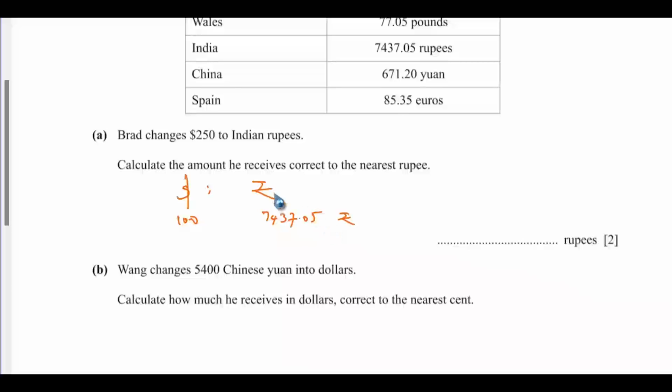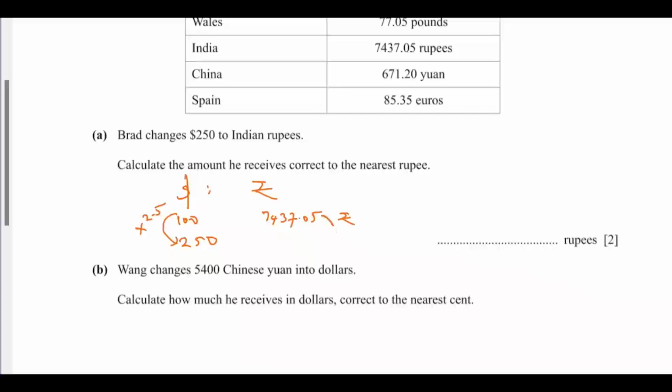So what would be $250 in Indian rupees? To know what is multiplied by 100 to get 250, we divide 250 by 100, and that will be 2.5. That means times 2.5 here.